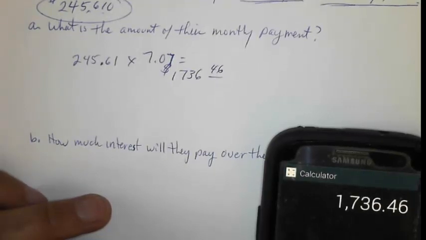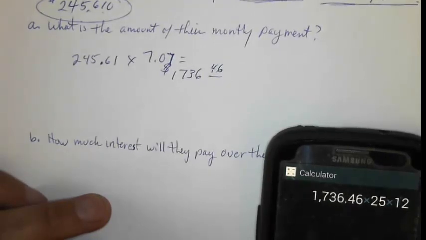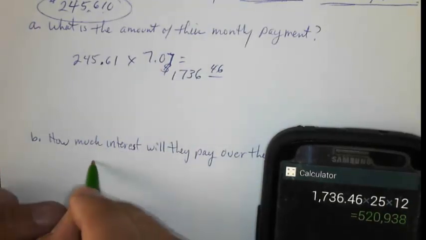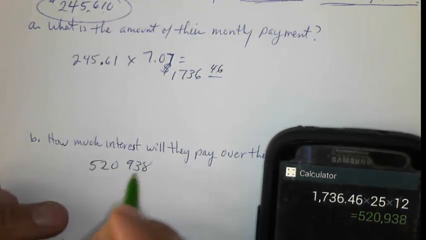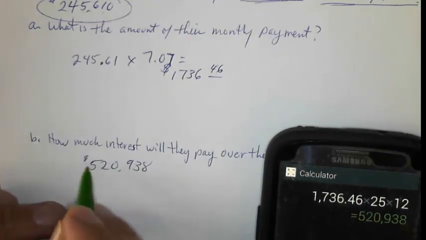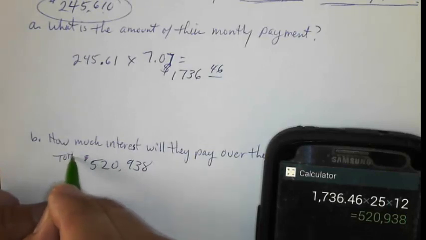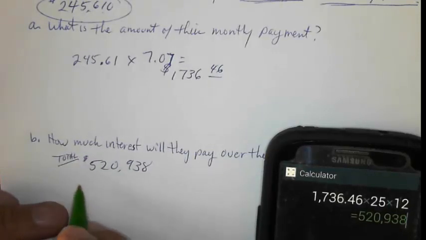Okay, times 25 years times 12 months each year. So the total then is going to be over $500,000. Okay, so that's our total. And then our principal, we have to subtract that from.